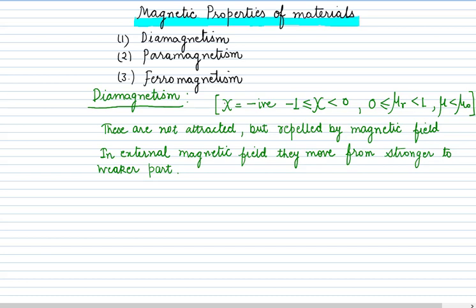Since they are repelled, Xi is always negative. Always remember that this is repelled, so Xi is negative. So Xi will always be less than 0, but it may be greater than or equal to -1. The relative permeability will also be less than 1, and you know the relative permeability is mu upon mu naught. So if this is less than 1, then mu will always be less than mu naught. So these are the three relations defined for diamagnetism.